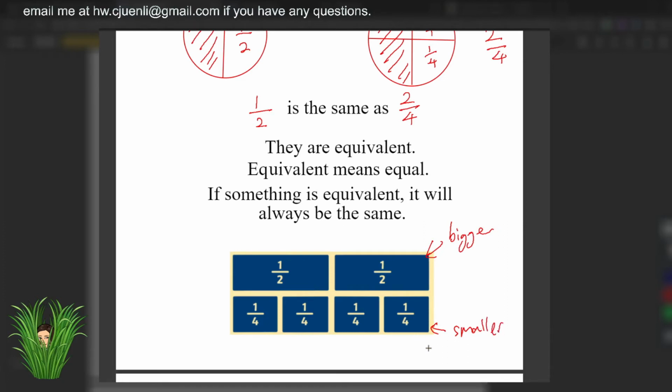So you have to add more of these smaller bricks so that it can become 1 over 2, so it will be equal. That's why we have 1 over 2 and 2 over 4, because we need 2 small bricks. You can just draw something very simple like this in your book as well if you're writing your notes.